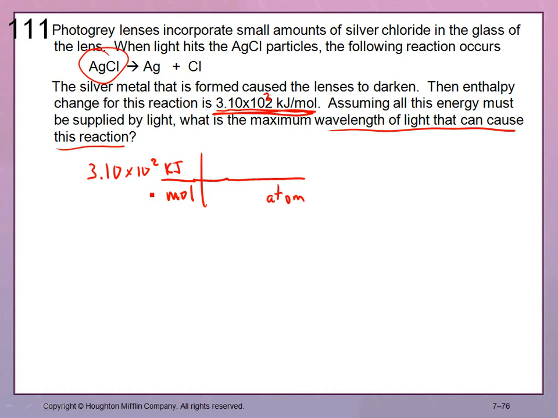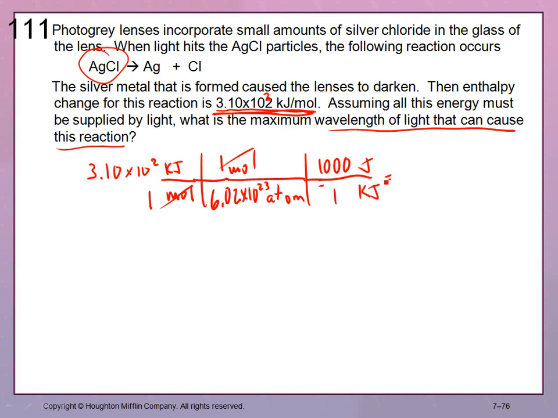So you remember that 1 mole is 6.02 times 10 to the 23rd, and so we would now be in kilojoules per atom. I'm also going to change that to joules instead of kilojoules. So we're going to multiply by 1,000 to do that.